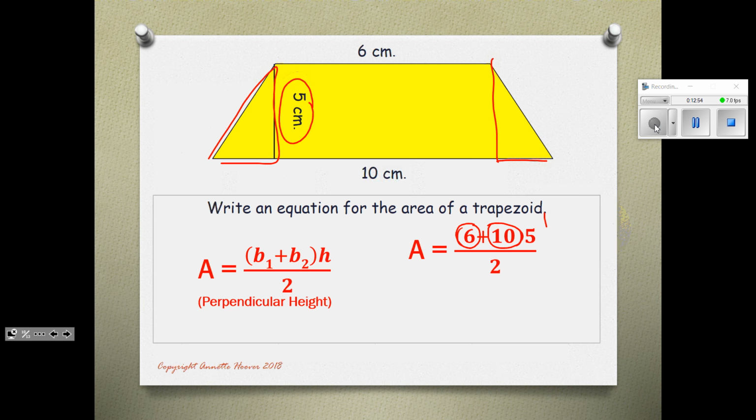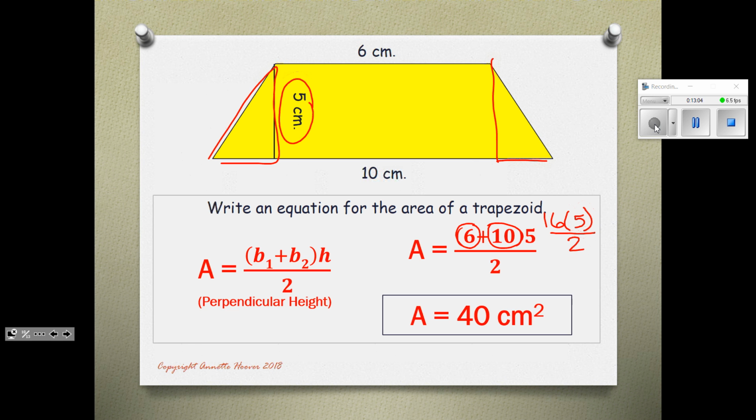And then when you figure that out, you're going to divide by 2. Or if you prefer, you can multiply times 1/2. And 16 times 5 is 80, and 80 divided by 2 is 40, so it's 40 square centimeters. So you need to write this equation down so that you can remember it and know how to plug in the numbers for it.